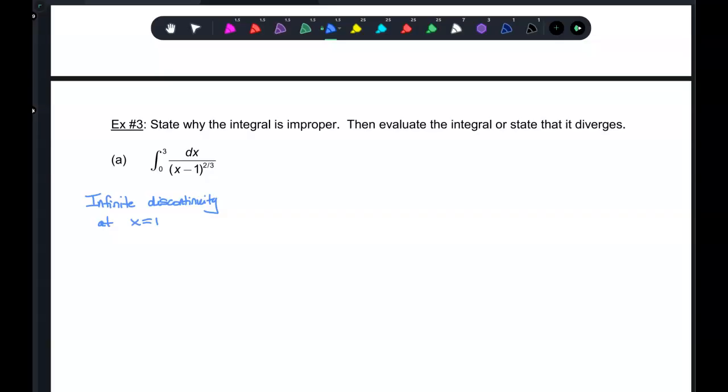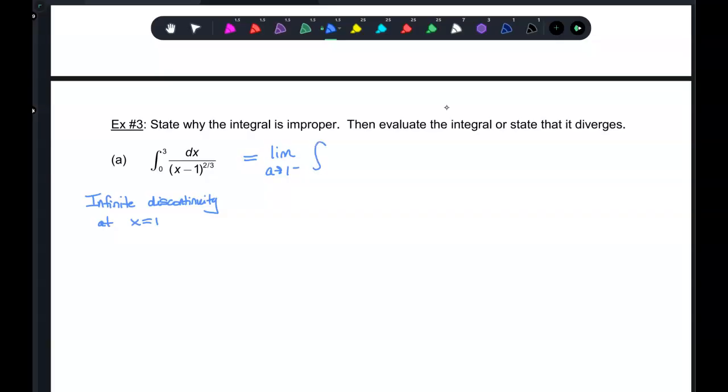So we'll separate it. Honestly, you know how I was using A and B? I don't care what letters you choose. A, B, C, it really makes no difference. So let's do the limit as A approaches 1 from the left.